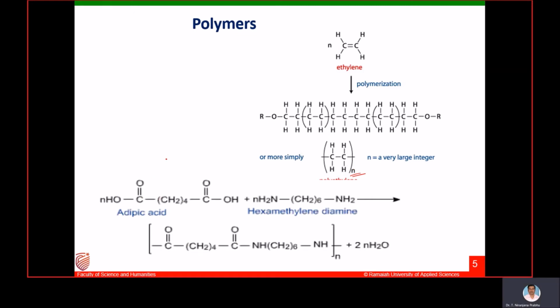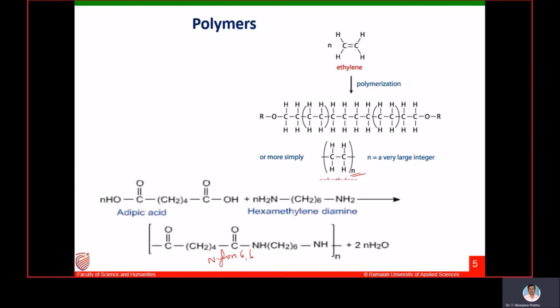This is one type of polymer. Another type of polymer is where two different monomers are involved. In the first case, the same monomer is getting added up. In the second case, two different monomers. You can see here, this is adipic acid, and this is hexamethylene diamine. What is it forming? It is forming nylon 6,6.